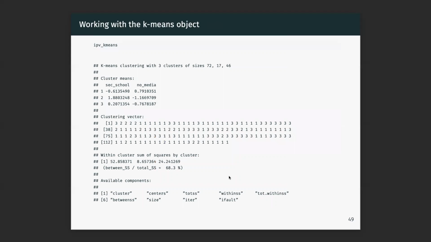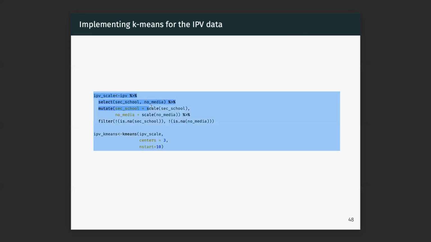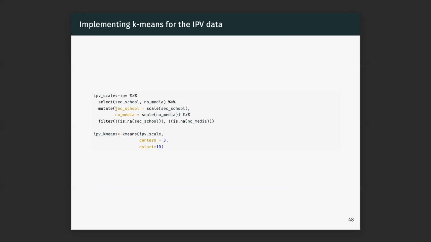So what the k-means algorithm is going to do is run through the data. It's not really going to show us what it's doing, but it's doing that. It's going to tell us what the averages are for the variables that we've selected. In this case, I've given it the data frame IPV scale, and I've included secondary school and no media. So I want it to identify clusters on those two variables.